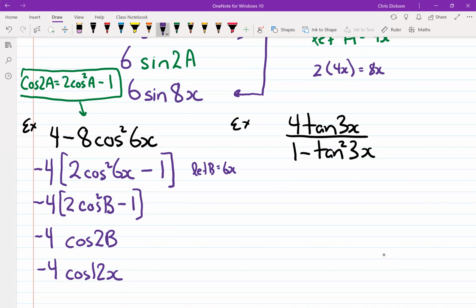Okay, so let's try the next one here. This identity looks like it's got something to do with tans, I'm thinking.